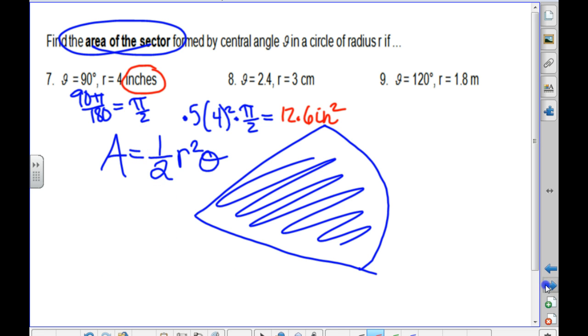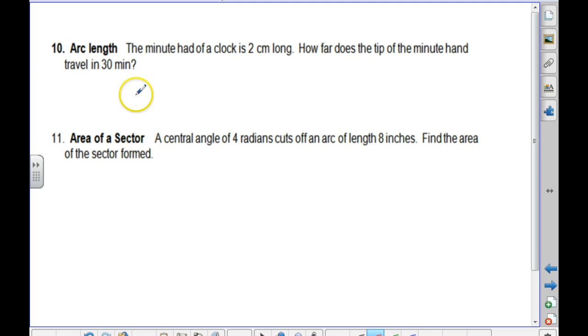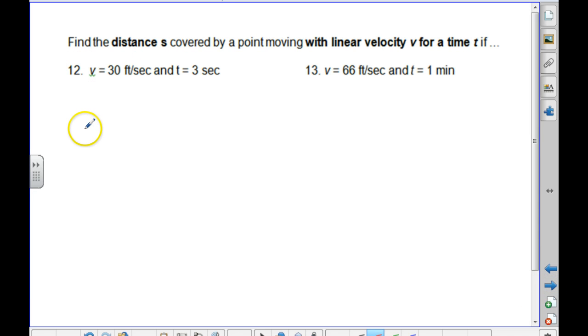Number 9 is 2 pi thirds, right? Yes. Okay. And 10 and 11 are also arc length and area questions. I want to go on to 12 and 13. I'm just going to use dimensional analysis because I'm too lazy to think about a formula.